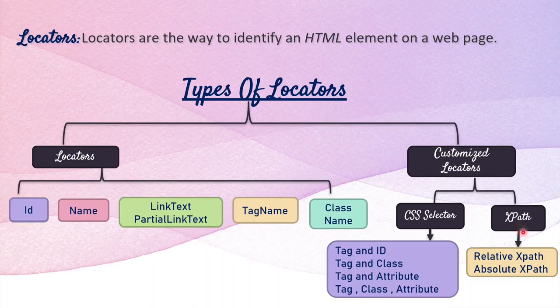Now, there are different types of XPath like the relative XPath and the absolute XPath, and it comes under the customized locators. As I discussed in the previous tutorial, locators are the way to find an HTML element on a web page. XPath is used when we don't have the ID, the name, the tag name locators present in the HTML. That is when we use XPath.